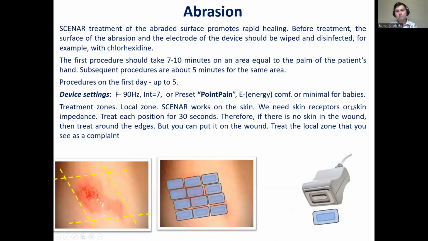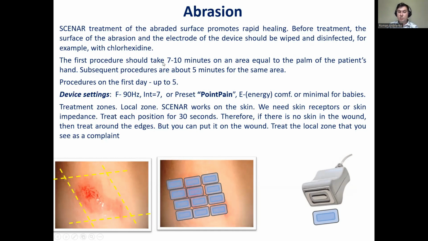And also, a good example here is the abrasion. A Scenar treatment of the abraded surface promotes rapid healing. Before the treatment, we need to disinfect the electrode itself with some alcohol or some wipes, and the surface of the abrasion as well.